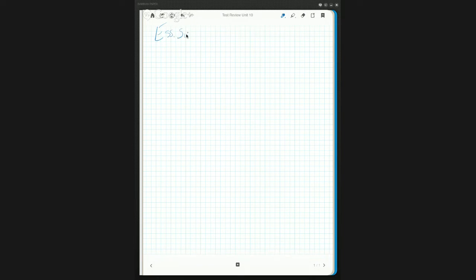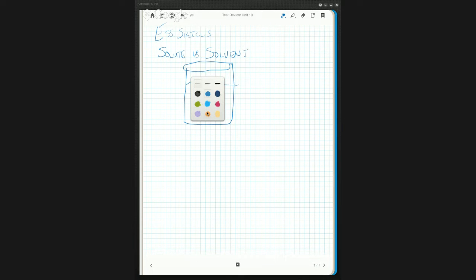Let's talk about essential skills. And first we'll talk about a solute versus a solvent. Okay. And so a good example of this would be if we have a cup, beaker, or whatever, and it has water in it. And inside of that, we have some sugar cubes. And let's make those be a fun color, purple.